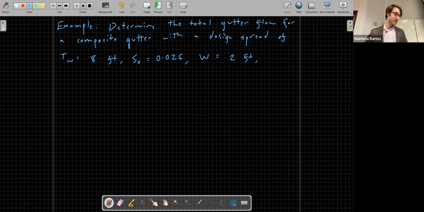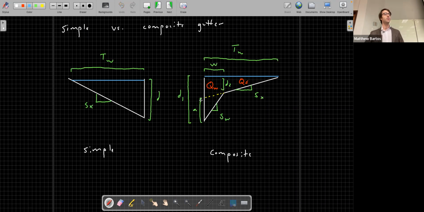With a 2-inch gutter depression. So remember in the drawing, I'll just go back really quick. In the drawing, we refer to this component here as the depression depth. Okay, so that's what I'm referring to here. We have a 2-inch gutter depression.